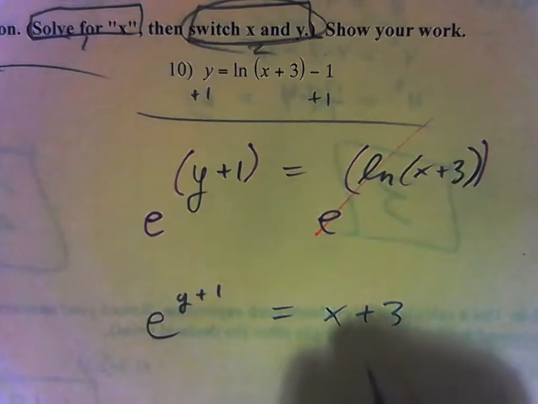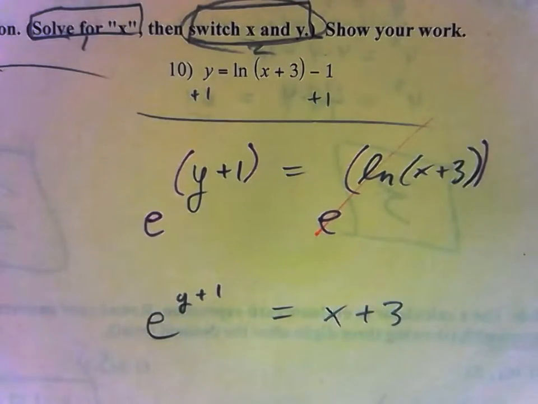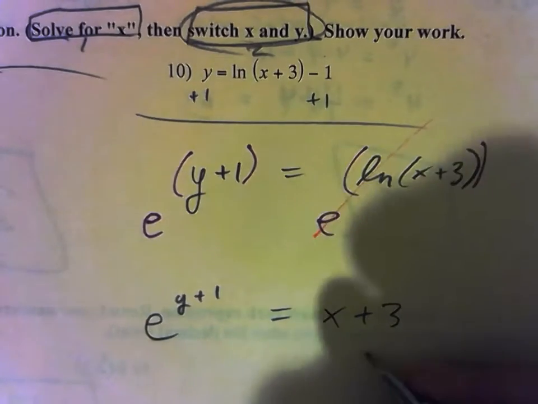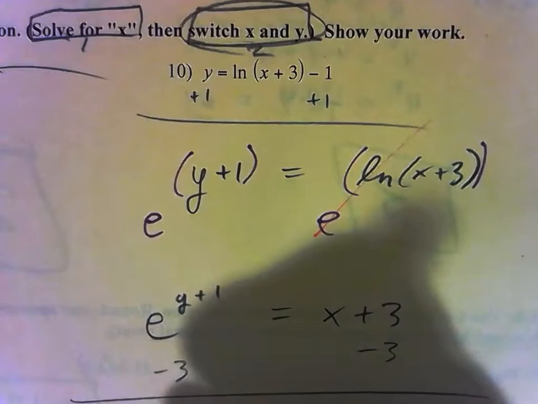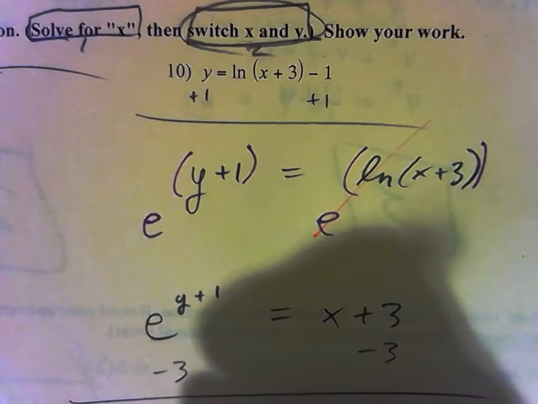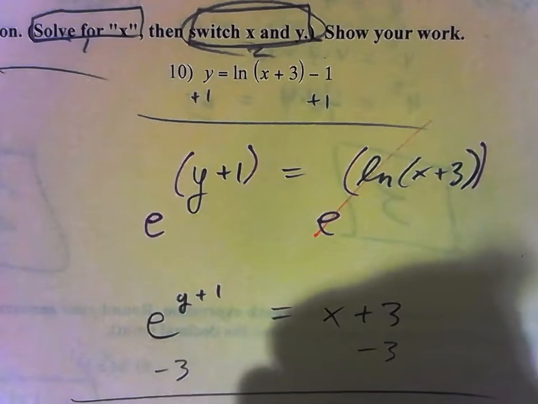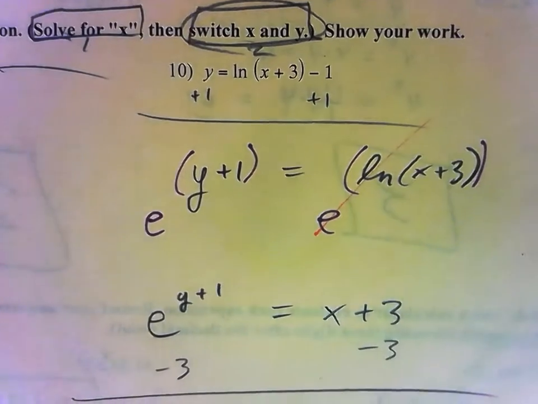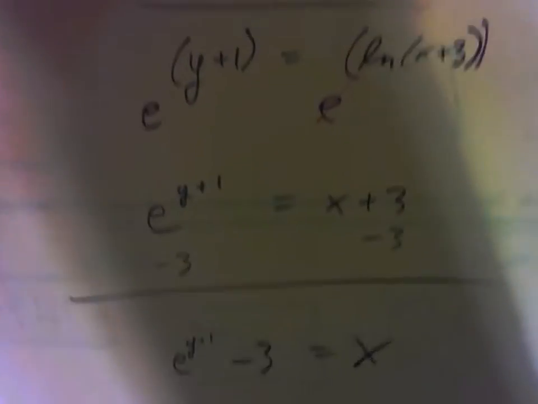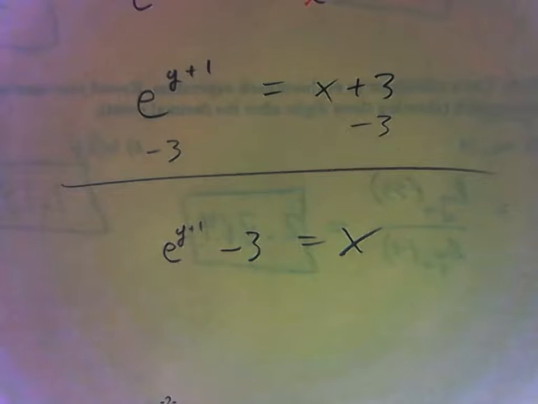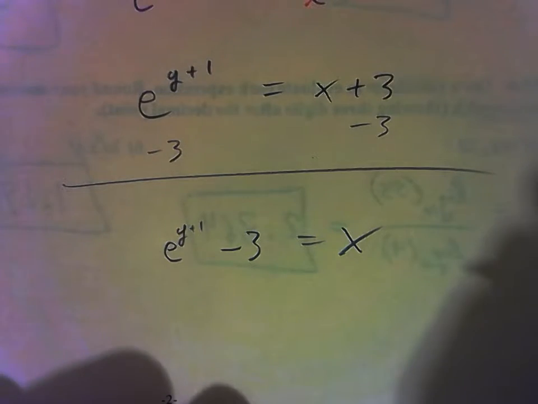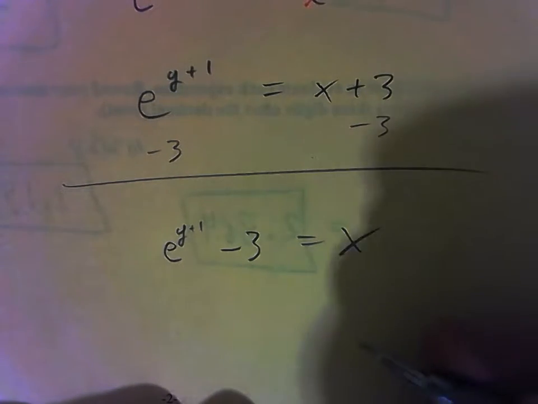Okay, how do we get x by itself? What are we going to do next? Very simple, just subtract 3 from both sides. So we have e to the y plus 1 power minus 3 equals x. And that's it, except we've got to do step 2, switch x and y.